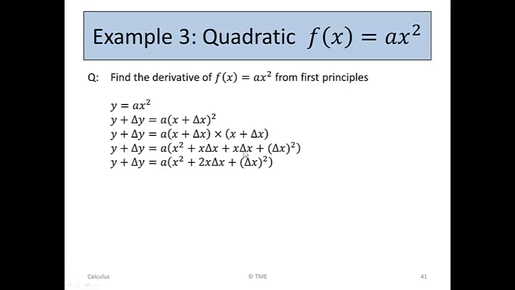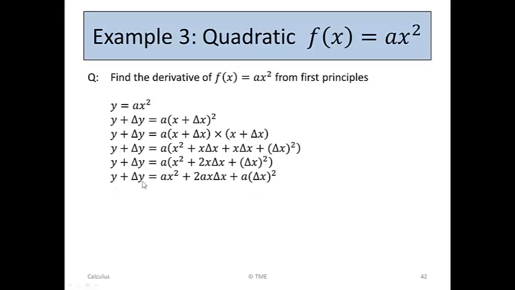So bringing together the terms of x delta x and x delta x, we get x squared plus 2x delta x plus delta x squared, multiplied by a, equals y plus delta y. So multiplying in now, y plus delta y is ax squared plus 2ax delta x plus a delta x squared.